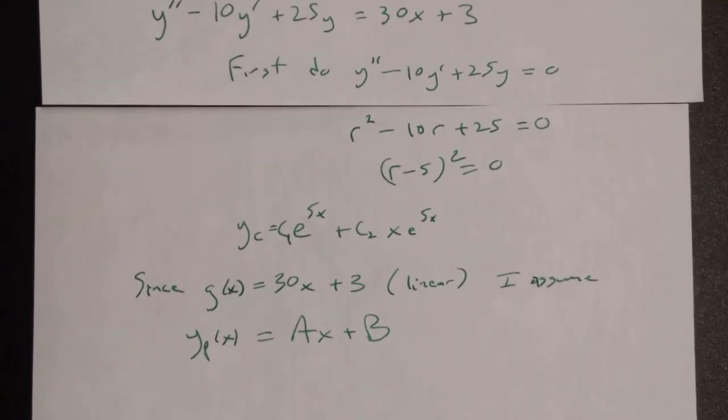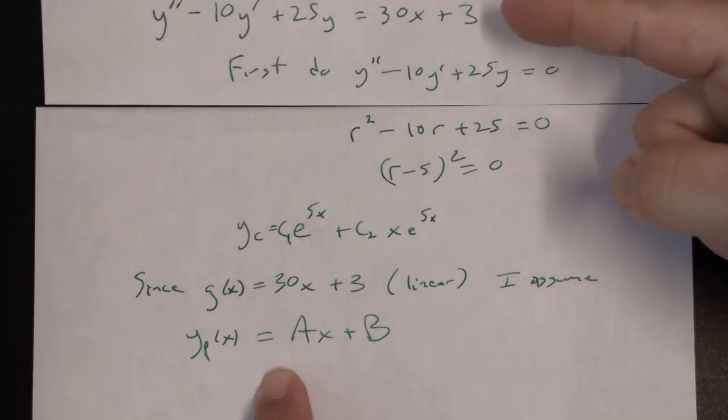This is the problem. It's a wonderful idea that my particular solution should kind of look like g of x. I can hope this is the right idea. But I don't know what a and b are. Undetermined coefficients is what I said was going on here. There's my undetermined coefficients.